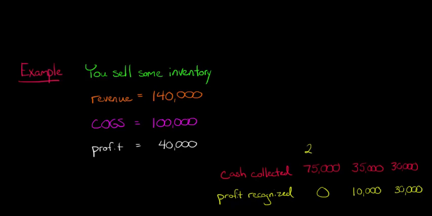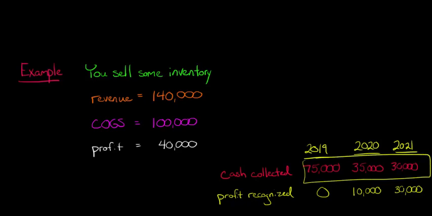So let's think about it like this. Let's say this was 3 years: 2019, 2020, and 2021. And these are your cash collections right here. Let's say you made the sale in 2019, and you collect cash of $75,000 in 2019.